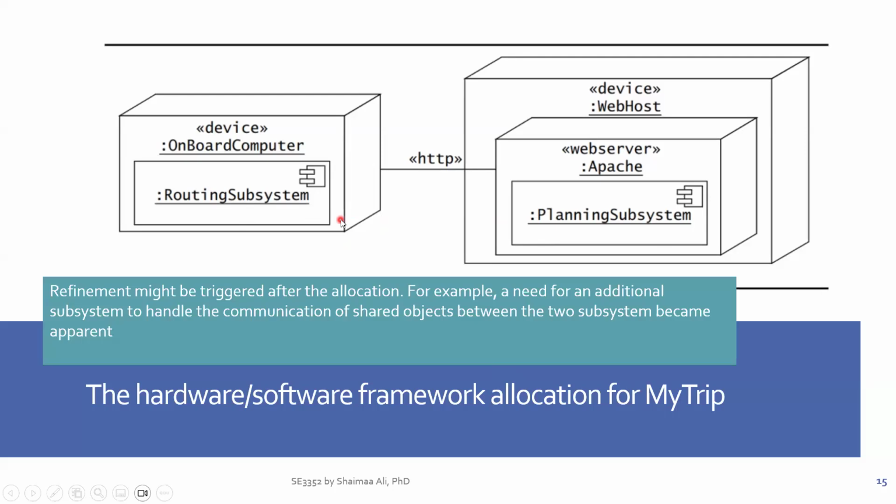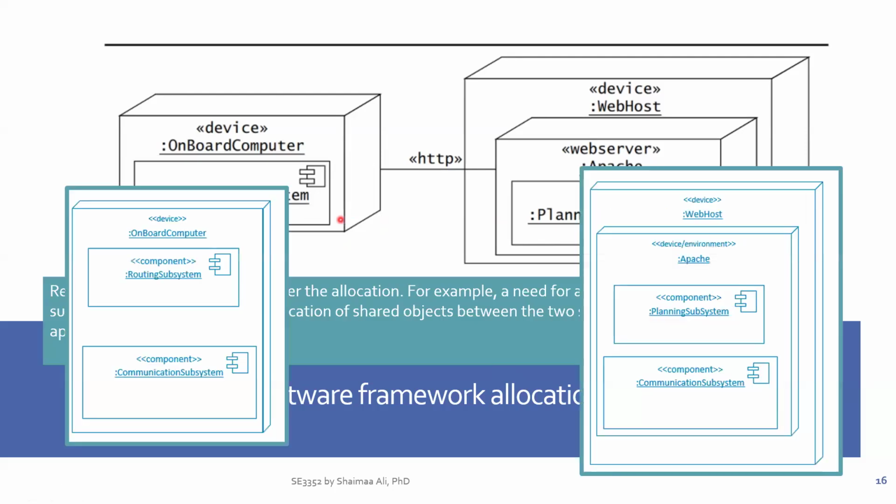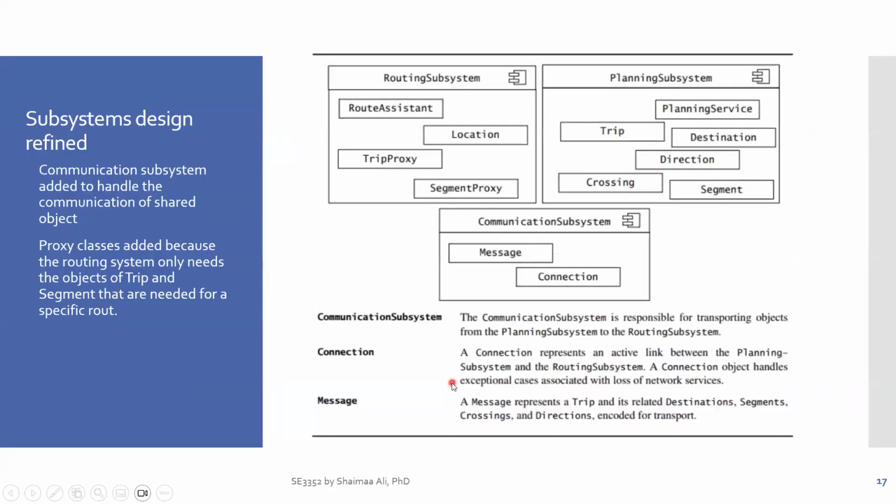One way to handle that is by introducing a new component, let's say a communication subsystem component, with a version running on the server and another version running on the client, and all the communication would be handled through this component. We also need to add extra elements in the routing subsystem.